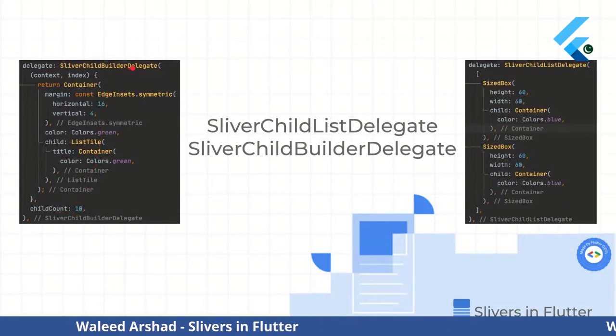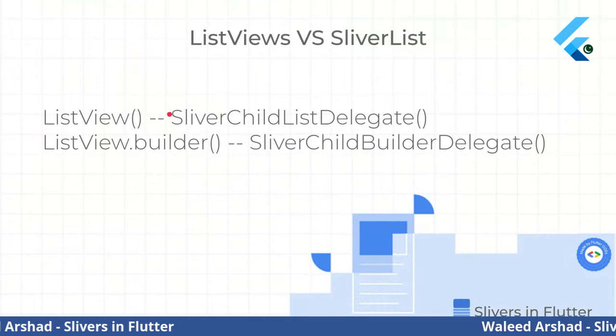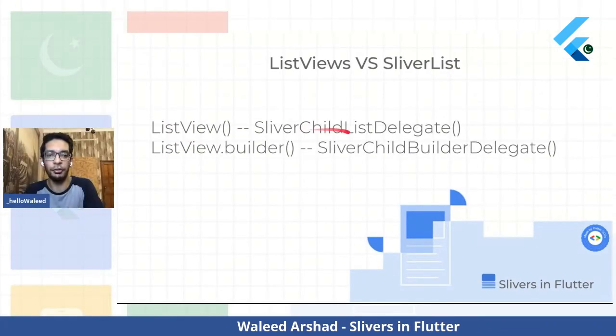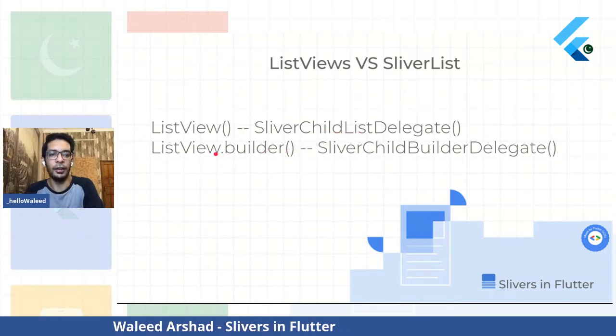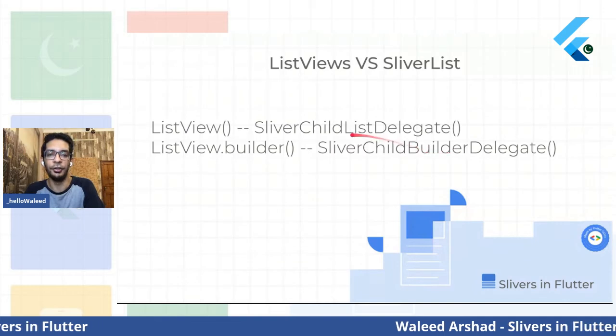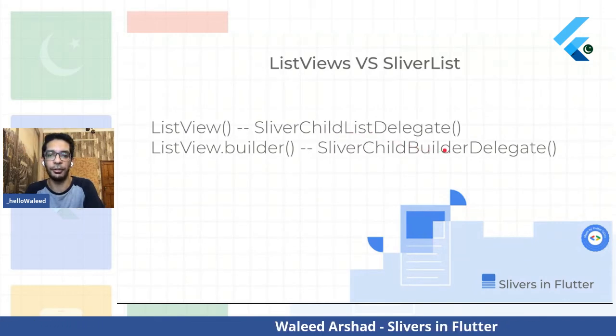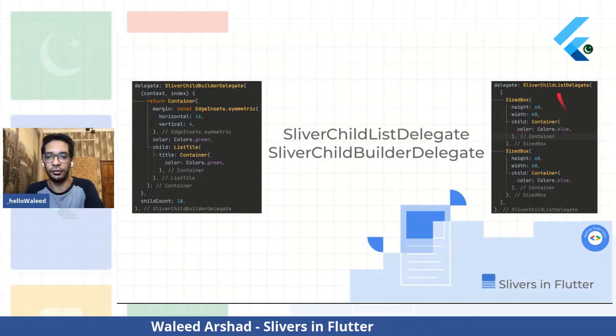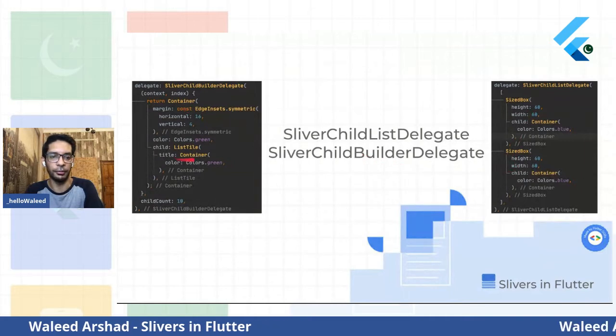So that is the Sliver child builder delegate. In the previous slide, we saw that list view is equivalent to Sliver child list delegate, and list view builder is equivalent to Sliver child builder delegate. So this is static, this is dynamic, simple stuff.